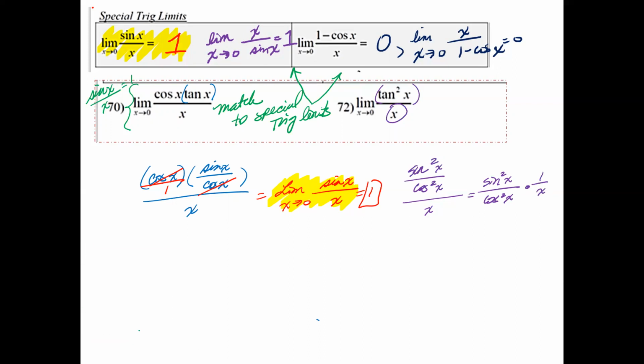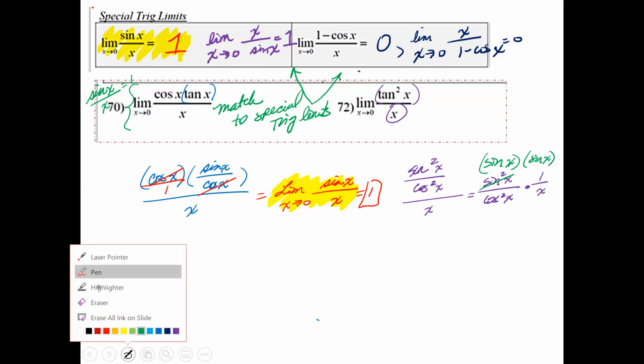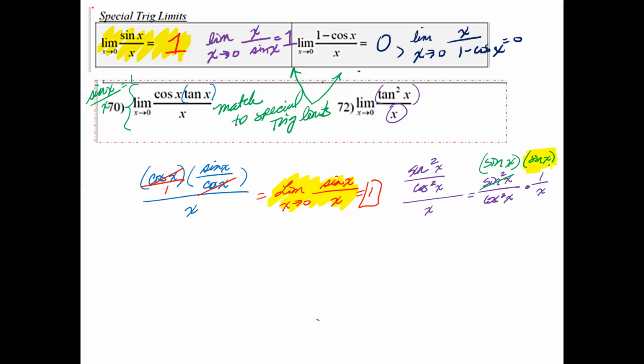I'm going to rewrite the sine squared x, so that way I have a sine x times sine x. And then if you look at this right here, do you see the sine x over x that I have? That's your special trig limit.